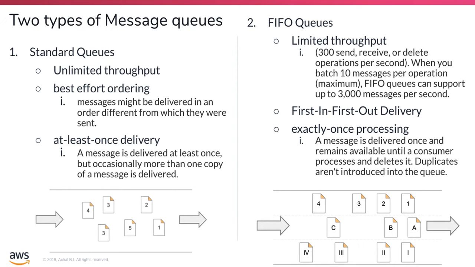There is always a possibility that duplicates are introduced in standard queues, but not in FIFO queues. It also has a message grouping pattern, where you can group messages within the queue, and a particular consumer can target that message group and process those messages. But again, everything combined can give you a maximum of 3000 messages per second throughput.